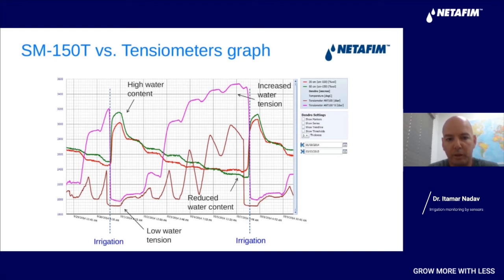And after that, you can see the reduction in water content because of plant consumption, and you can see the increase of water tension. And then the second irrigation, and the water content increases and the water potential drops down.